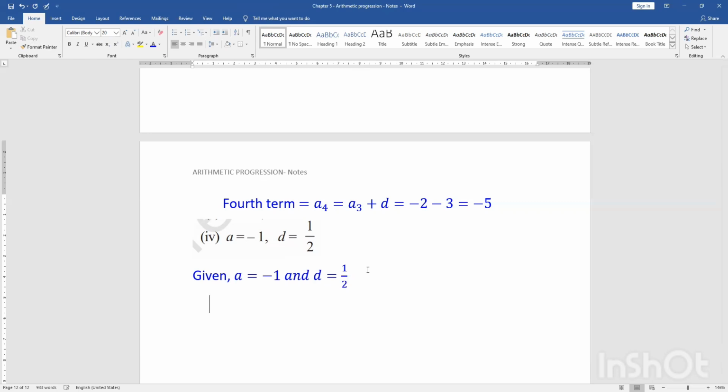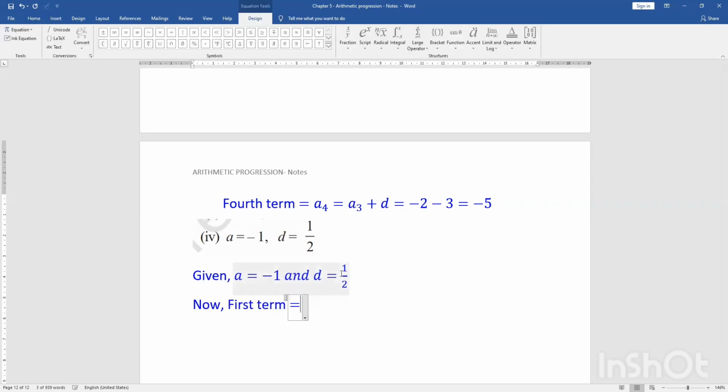So now first term equals A1, which is also equal to A, which is nothing but minus 1.